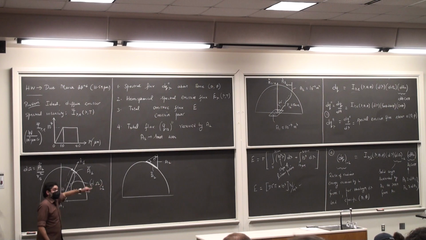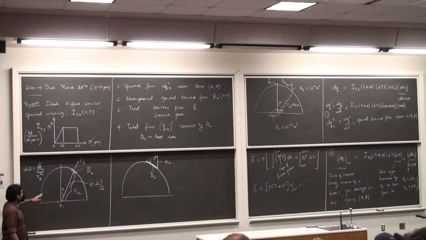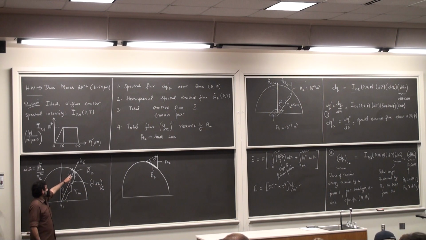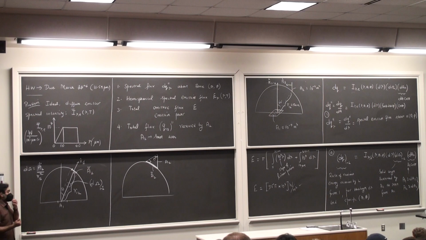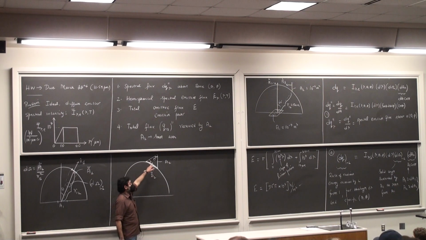I'm not interested in area A2 because by definition of the solid angle, the area normal of the receiving area has to be along the line of sight. But in this case that is not the case because the area normal for A2 is horizontal. So I have to take A2 and actually project it on the hemisphere that is surrounding this area A1, and in doing so, I'm already given information on this angle theta, and by geometry that is also going to end up being theta.